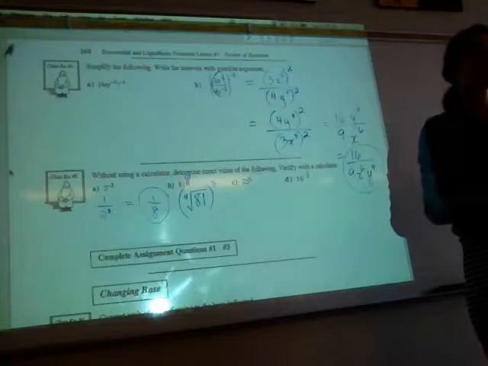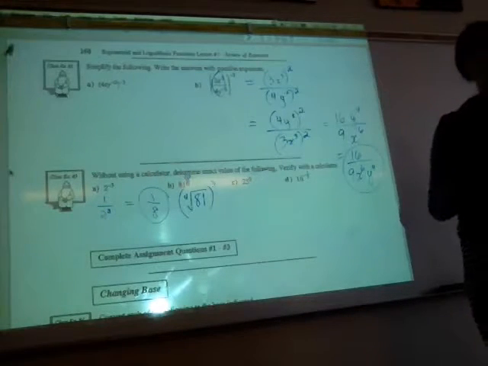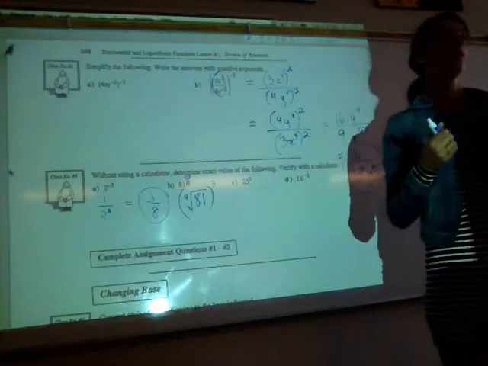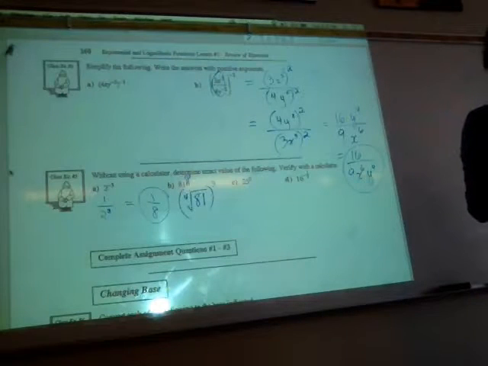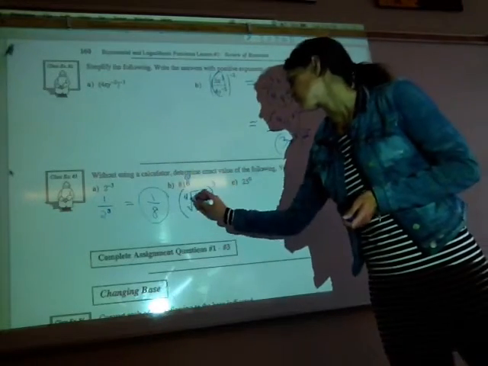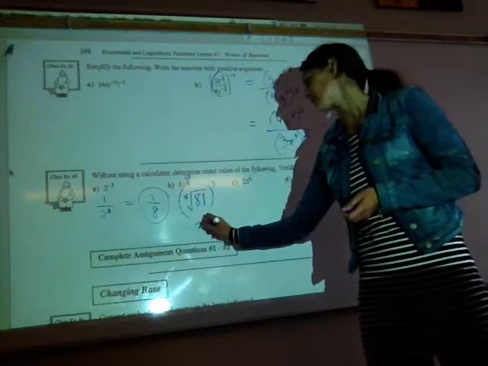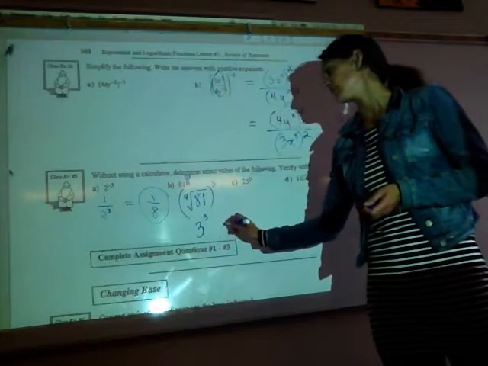The 4th root of 81, which you will probably learn with practice, is found by figuring out, if I multiply 3 times 3 times 3 times 3, do I get 81? 3 times 3 is 9. 9 times 3 is 27. 27 times 3, you do get 81. So the 4th root of 81 is 3, and then I have to cube it.